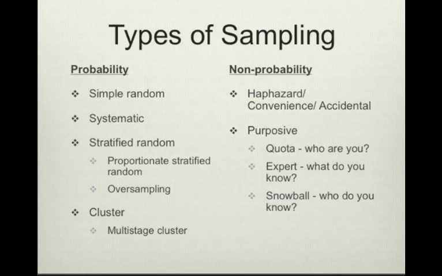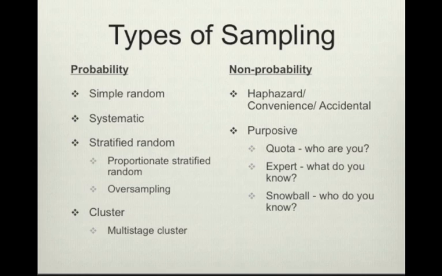So your cluster would be like a class. You sometimes see a cluster as a school, or a cluster as people on a street, things like that. But you select a group from a set of groups, and then everybody in that group gets sampled. Multi-stage cluster is when you break this up into stages.